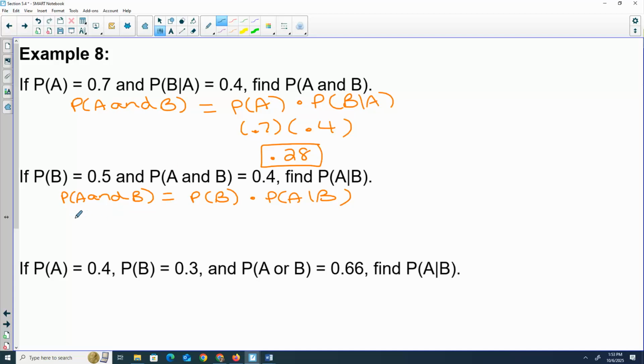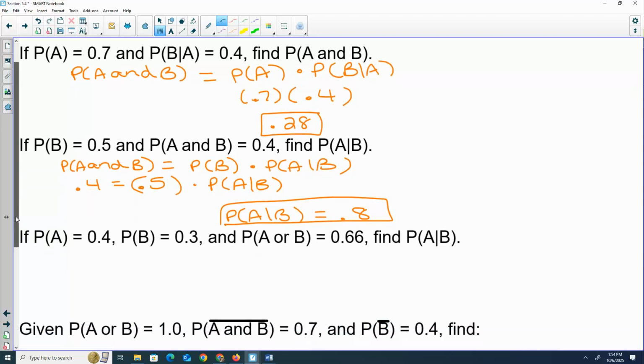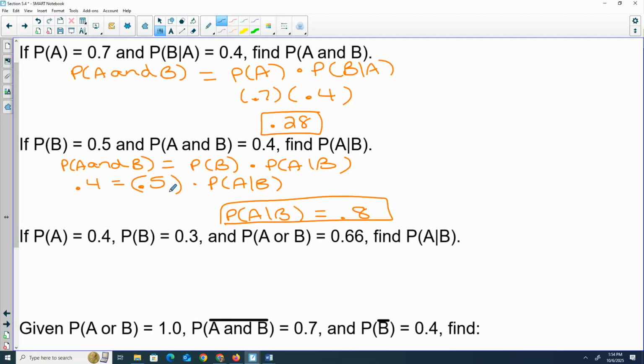So if I plug in A and B is 0.4, probability of B is 0.5, times probability of A given B, so what would we do? Divide. So 0.4 divided by 0.5? 0.8.